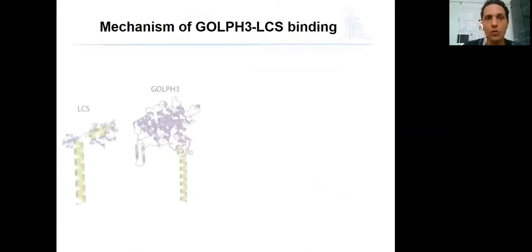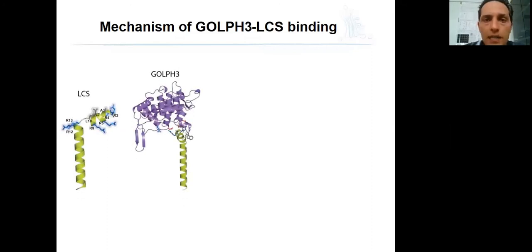Next, to go deeper into the GOLPH3-LCS binding mechanism, we used rigid body docking. Initially, to our surprise, we found that the clients of GOLPH3 organize, at least in silico, their cytosolic tail in an alpha helix.